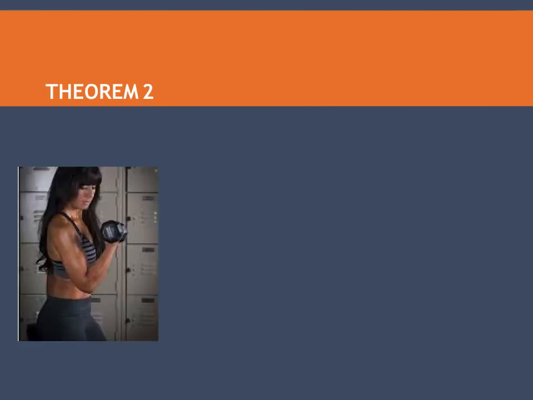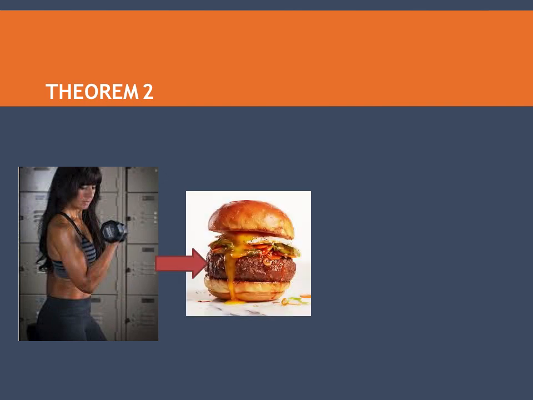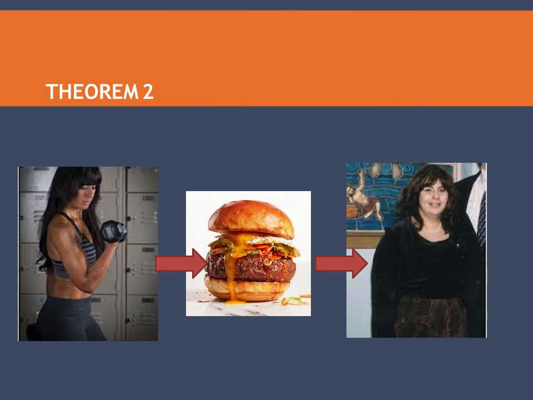So we move on to theorem 2. So you have the same lady and she's lost weight, very good, but what if she continues to eat? Then again, she is going to gain weight. There is going to be no retention. A relapse will happen and she is going to move back to the former position. Why?